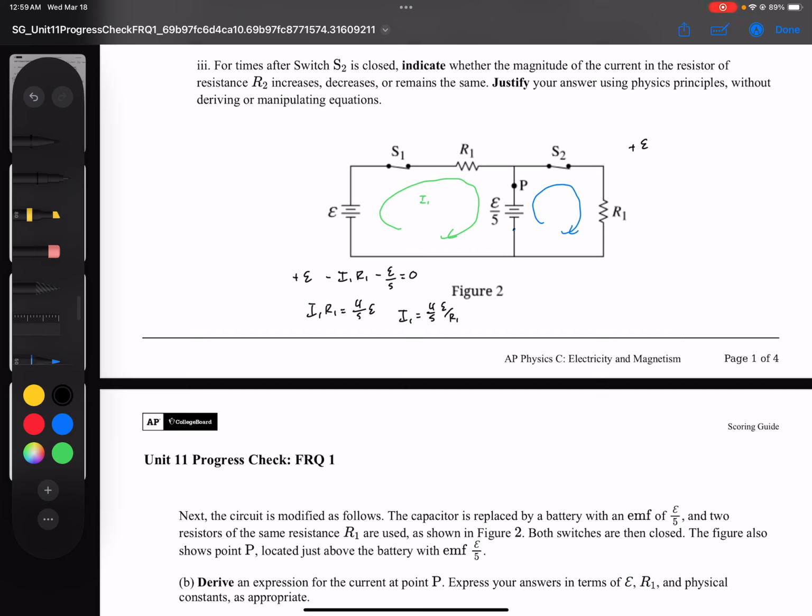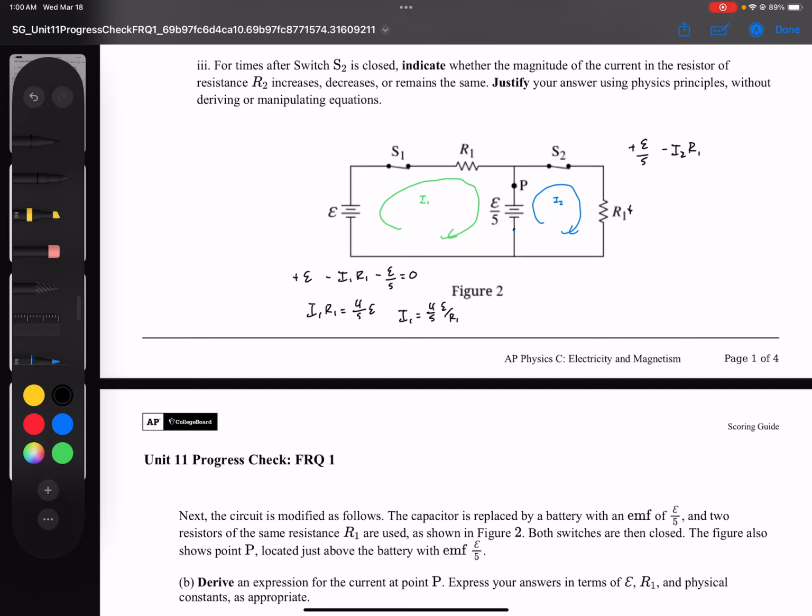So it's going to have a positive epsilon over 5. Then the potential is going to drop. Now the current is going down through the resistor, and it's going to drop by I2 times R1. So I'm going to label this current on the right-hand loop as I2.